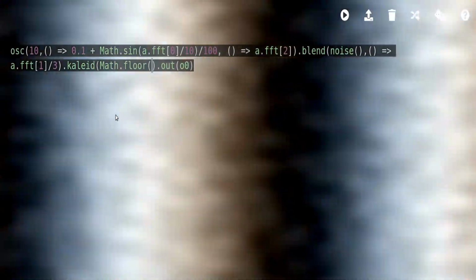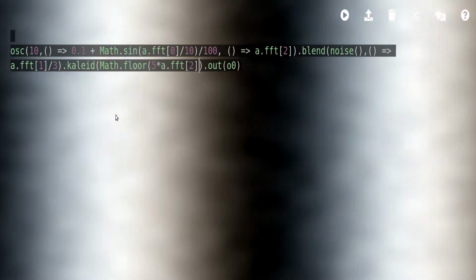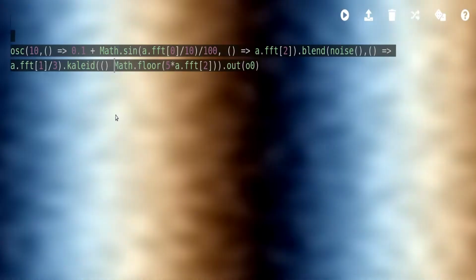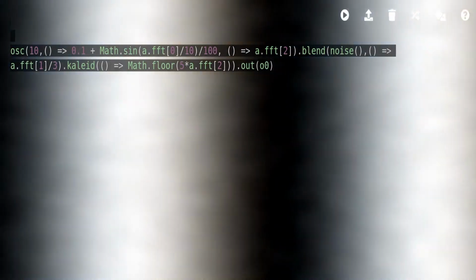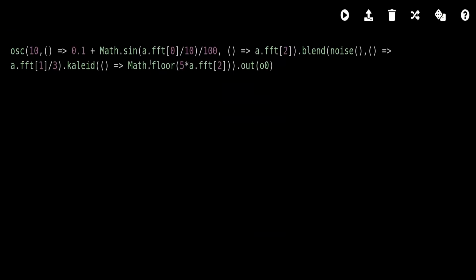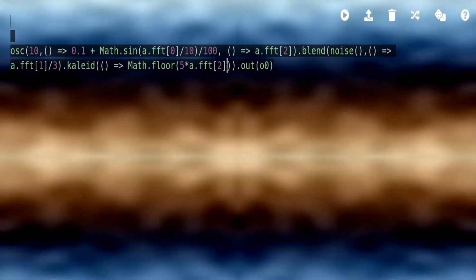Well, let's do 5 times. Oh yeah, now that's what I was trying to do. That floor, 5 times a.fft of 2, and this time we're not going to forget to make it a function. Okay, so, oof, oh my, okay, so that's incredible.